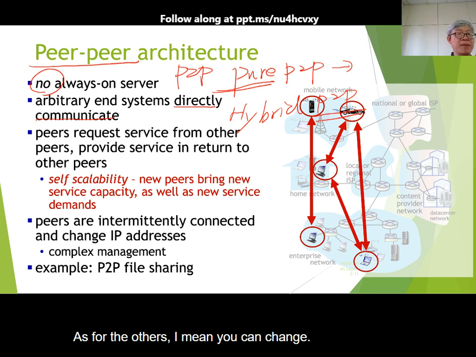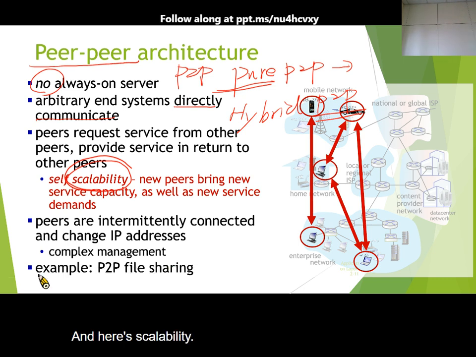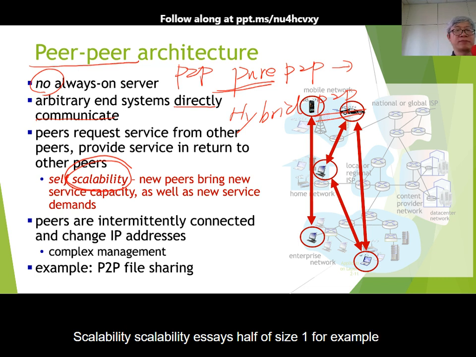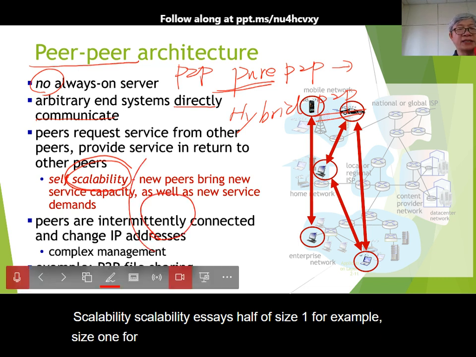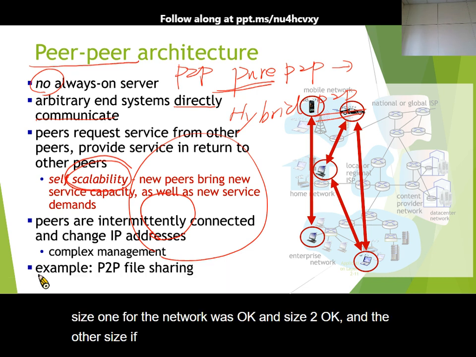And here, scalability. Scalability just asks, how about size 1? For example, size 1 for the network is okay, size 2 is okay, and for other sizes, if we can take care of the different sizes, then we have good scalability.